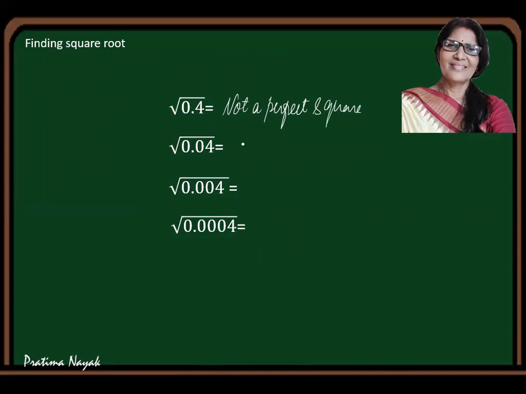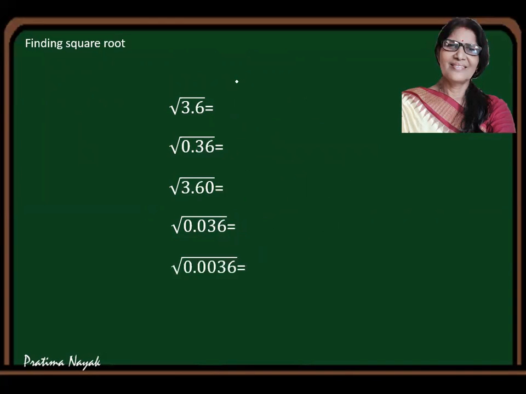0.04, yes, 0.2. 0.004, not a square. 0.0004, 1, 2, 3, 4, yes, it will be 0.02. 3.6, is it a square?